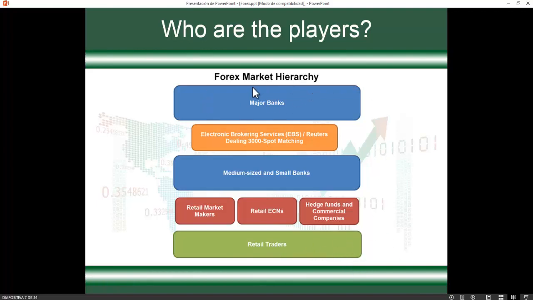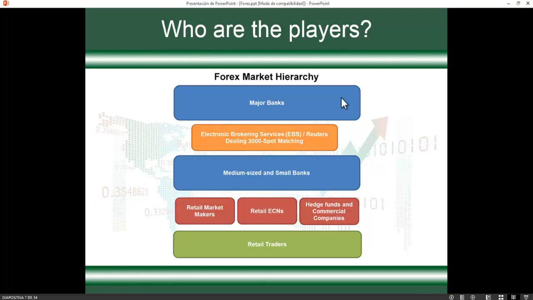So major banks are at the top. The big guys, the big players, invest a lot, and they use the market in 2 different ways. They use the market for their own operational transactions and for their customers' operational transactions, and they are also speculators in the market.